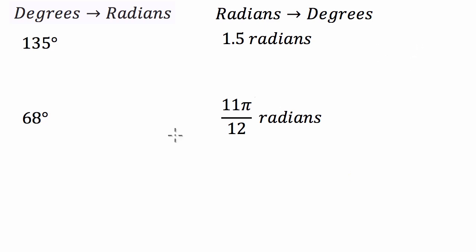The only thing that you're going to have to remember when you're converting from degrees to radians or from radians back to degrees is one simple thing, that a full circle in degrees is 360 degrees, and that's equivalent to 2 pi radians. Now, if you know that, then you can solve any of these problems.